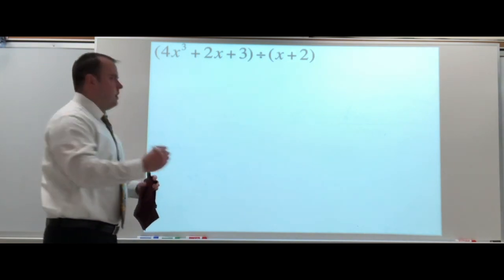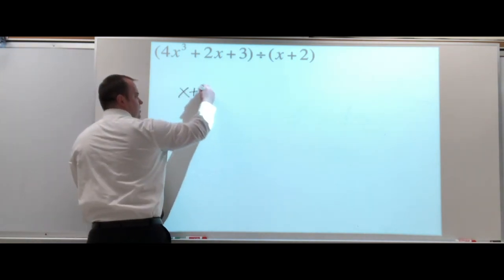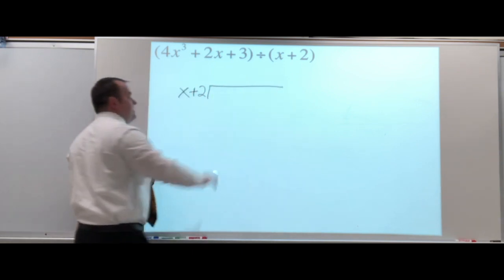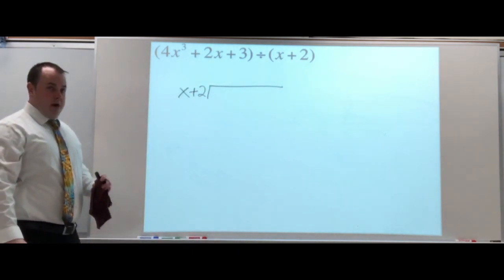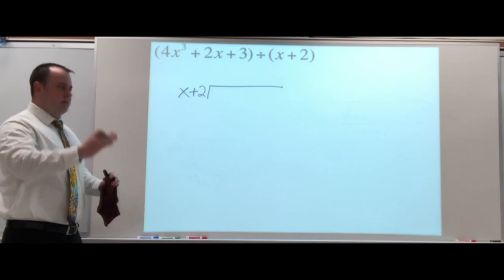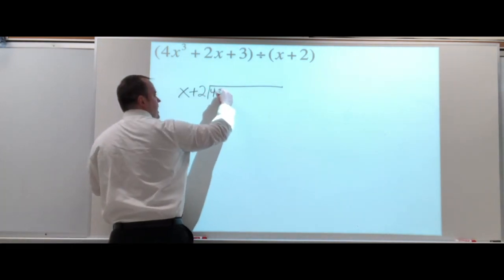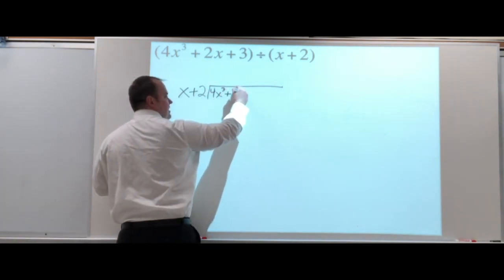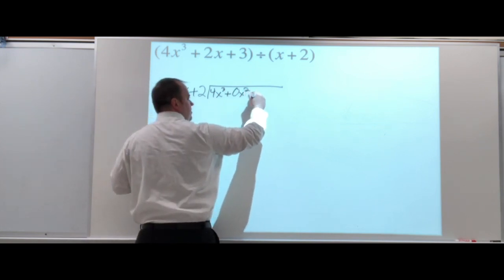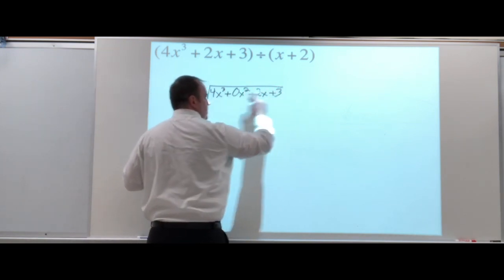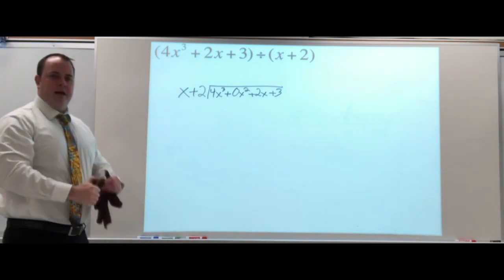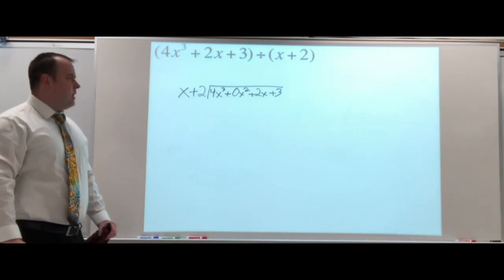It's a space holder. So we're going to divide by x plus 2. But now on the inside, we're going to put that x squared term in there. So everything's nice and neat. 4x cubed plus 0x squared plus 2x plus 3. That filler is now going to make everything line up nicely like we always want it to.